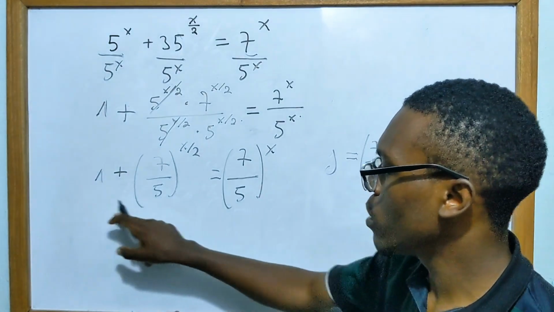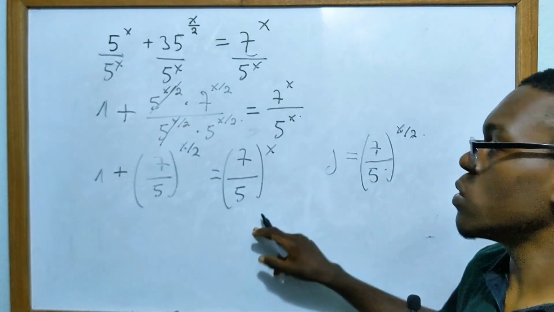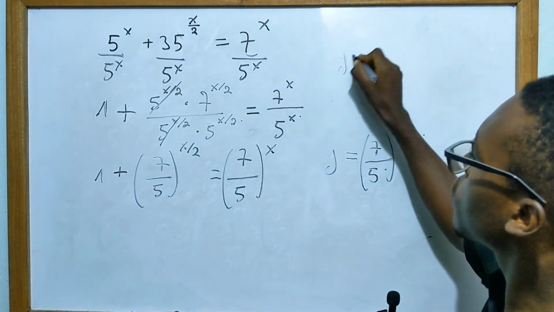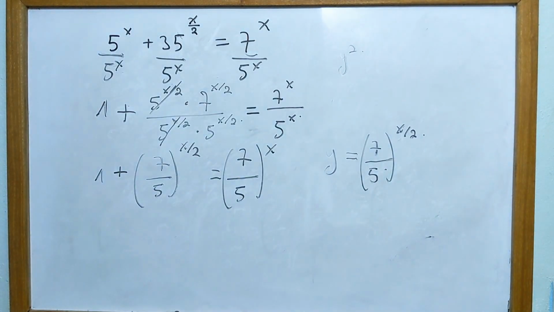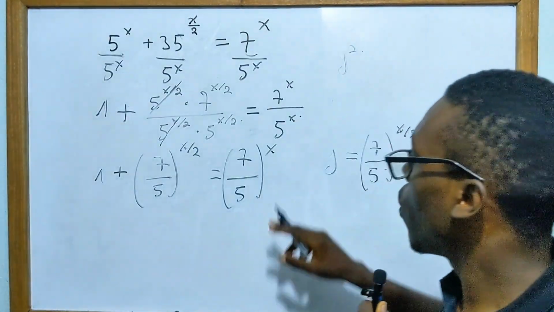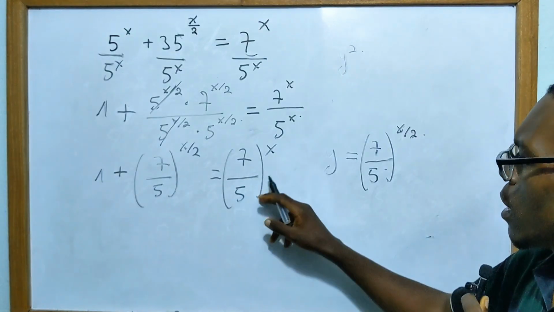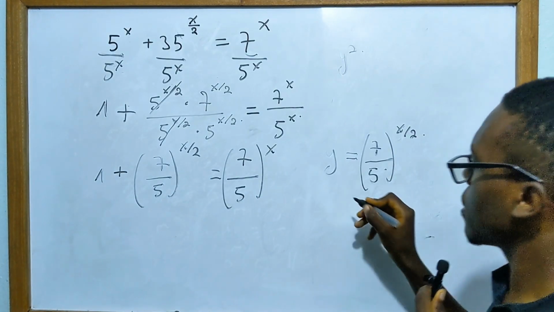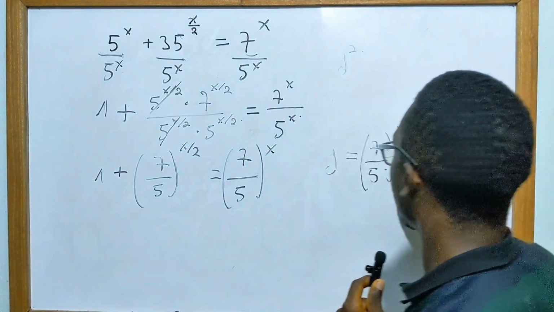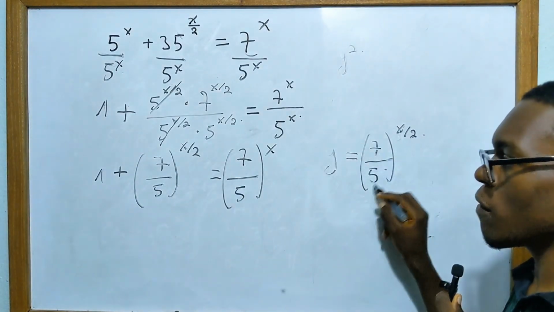Because we want this to be like a quadratic equation, and a quadratic equation usually has a y square. If you take a look at this, there is not a square.